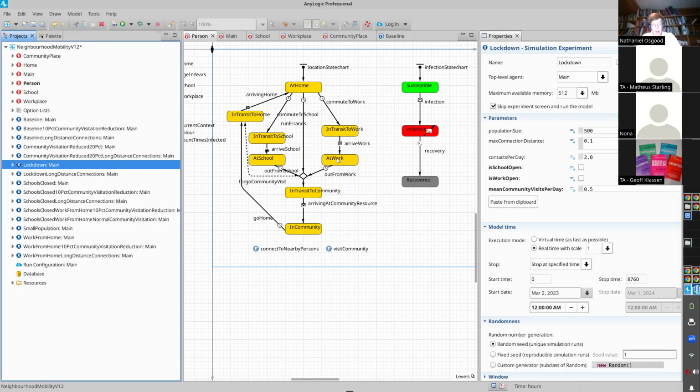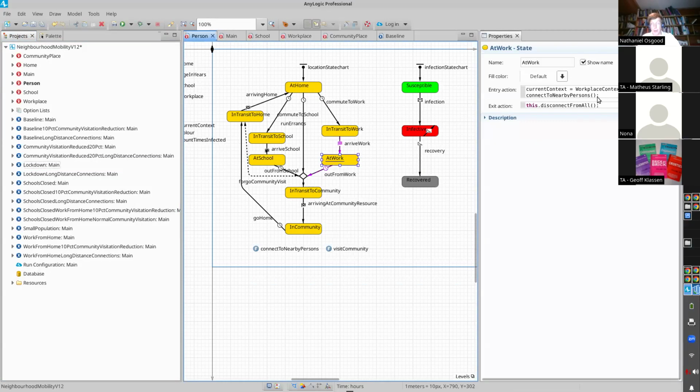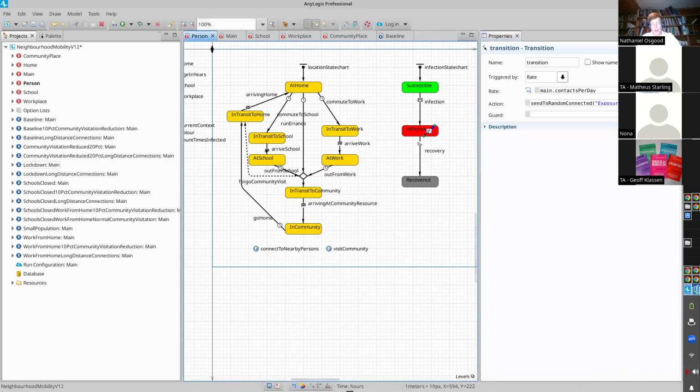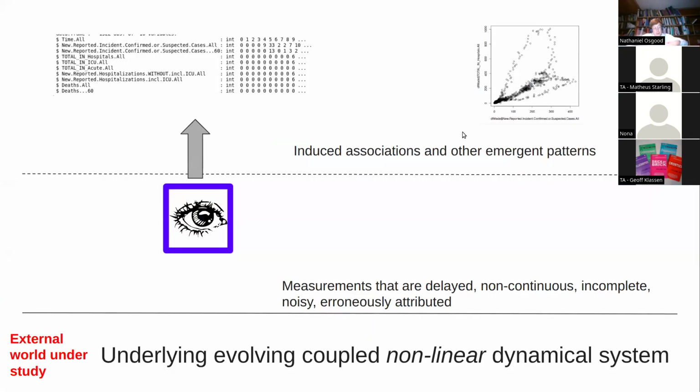If they're at work, they're connected with other people at work, which ends up changing who they can infect here, etc. Look, there are these interactions, these causal pathways of various sorts, and they give rise to an evolving system where the different pieces are coupled together, interacting. The world interacts. You can't analyze it as pieces.